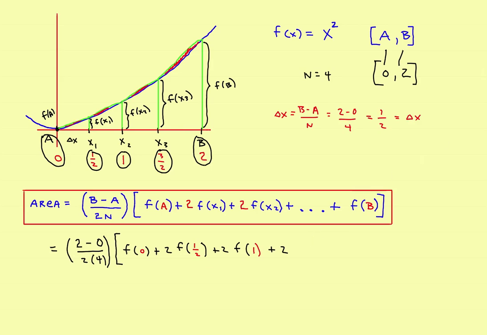So this is going to be twice the function evaluated at x3, which would be 3/2. And then finally, plus the function evaluated at b, which is 2. So this would be plus the function evaluated at b. And we'll put that in as a 2.